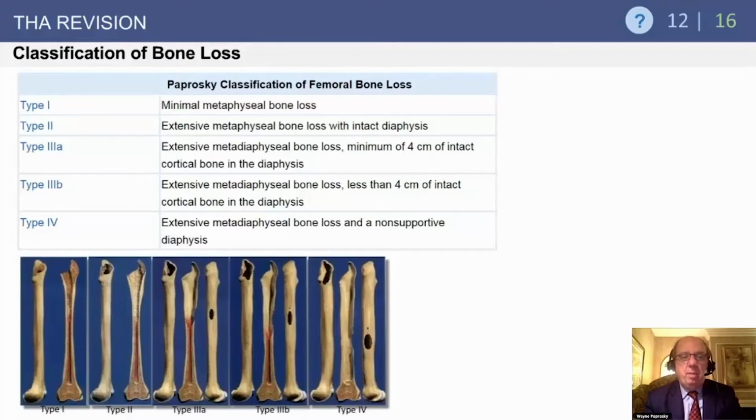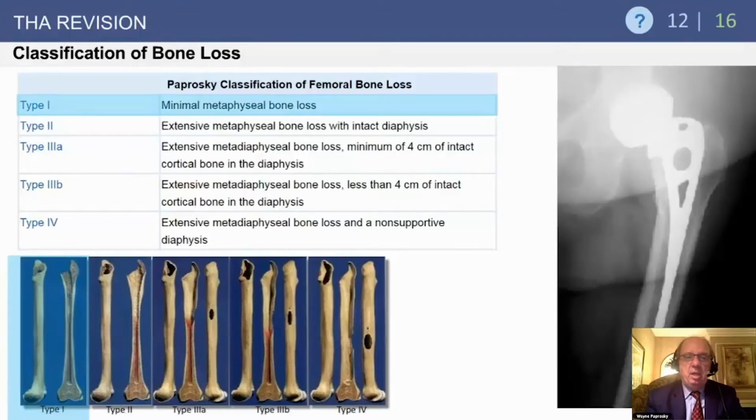A 3B, less than 4 centimeters of isthmus. Fixation is going to be more difficult as we get down distally. Much different when there's less than 4 centimeters of isthmus because you don't have the rotational stability. And type 4, there's no isthmus whatsoever, and we'll get into that a little bit later. So this is more of an implant selection based on the ability to get fixation in the isthmus.